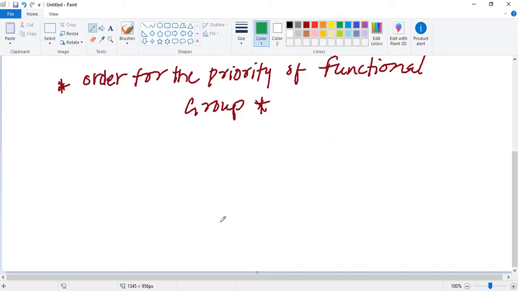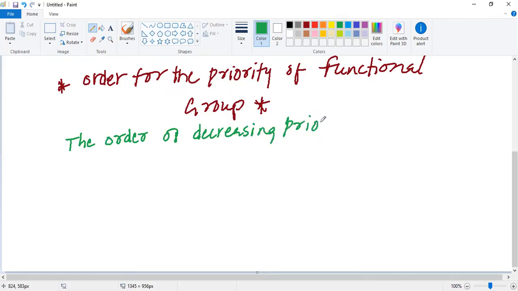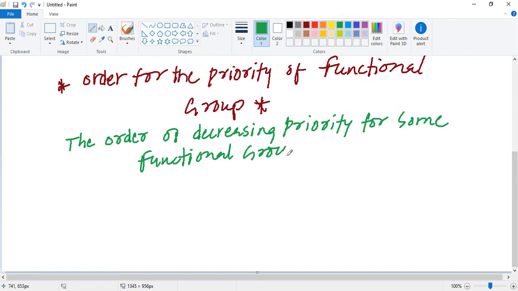It can also be called the order of decreasing priority for some functional groups. Let us write this, my dear students.